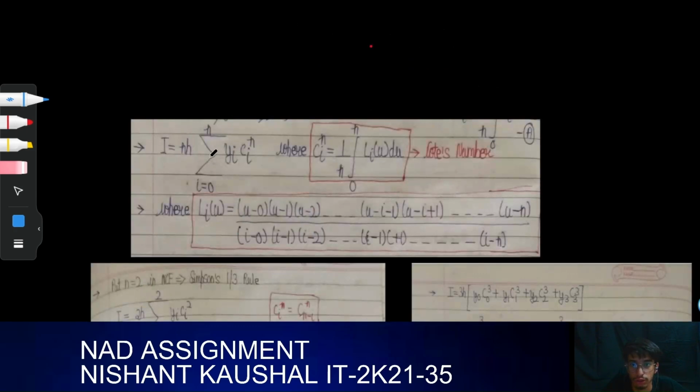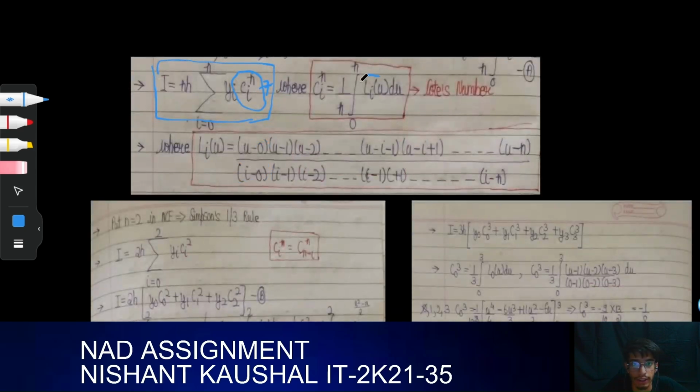If we want to go into detail, this is the Newton-Cotes formula, that is I equals nh summation i equals 0 to n of y_i into C_i raised to the power n. So what does this C_i raised to the power n mean? It is a Cotes number which we use, and here l_i is u minus u0, u minus 1, u minus 2, right?